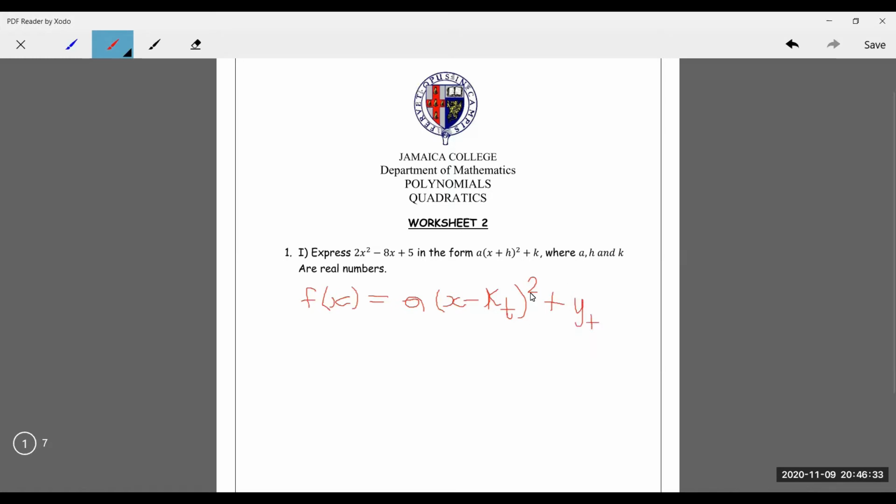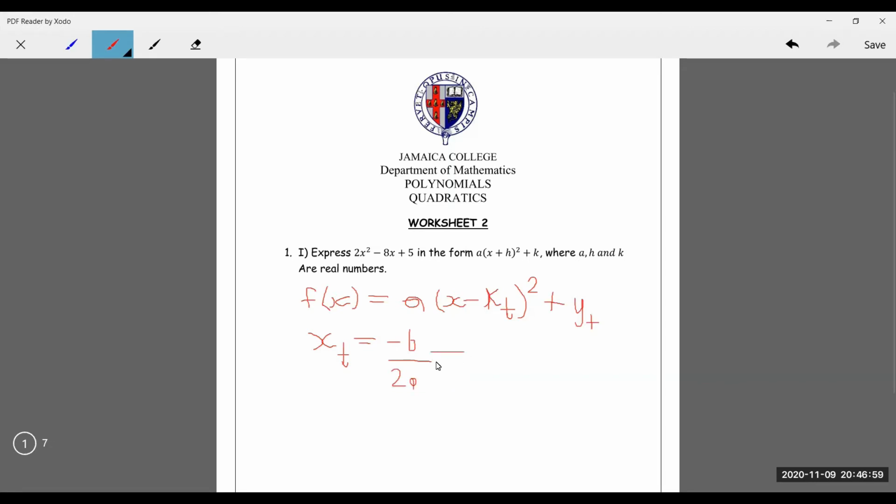Now to complete the square, we need the x value at the turning point. The x value at the turning point is given by this formula, minus b over 2a. Now b is the coefficient of the x term, and a is the coefficient of the x squared term.